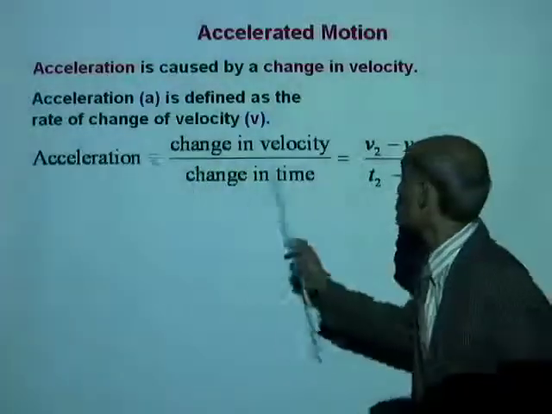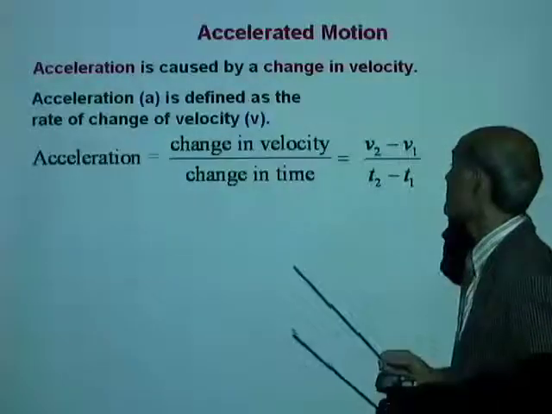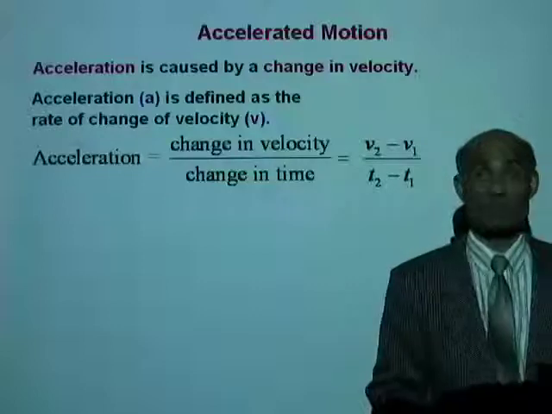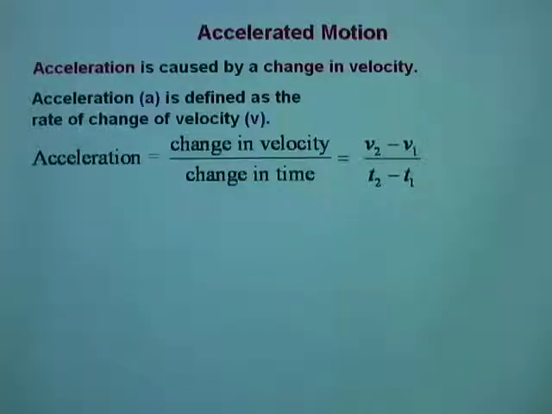Then acceleration is v2 minus v1 divided by t2 minus t1, and we can write it like this: v2 minus v1 is delta v, and t2 minus t1 is delta t.